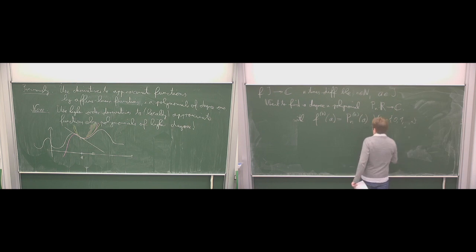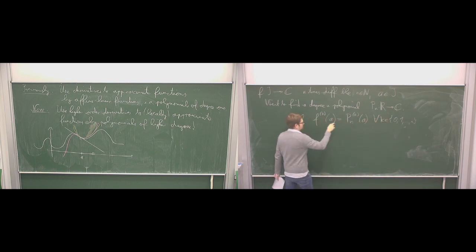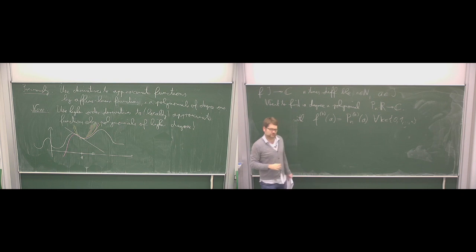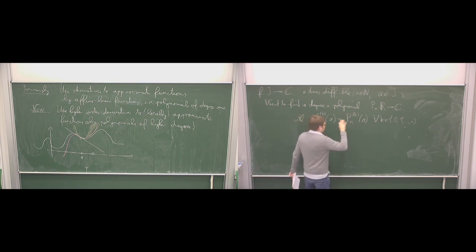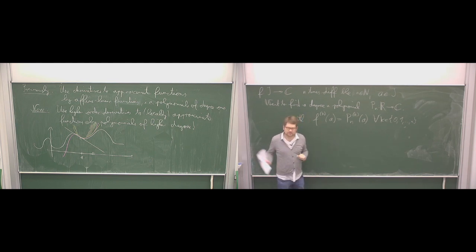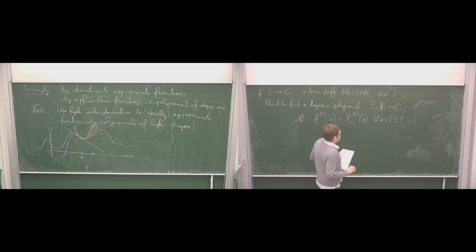Remember that for k equal to 0, this just says that the values of the functions coincide. So the value of the function and the values of the derivatives should coincide up to degree n. This is our idea of approximating, and we will later see that this really does the job of approximating the function as well as we can. But this is the main idea, to have the same slopes and the same situations here.